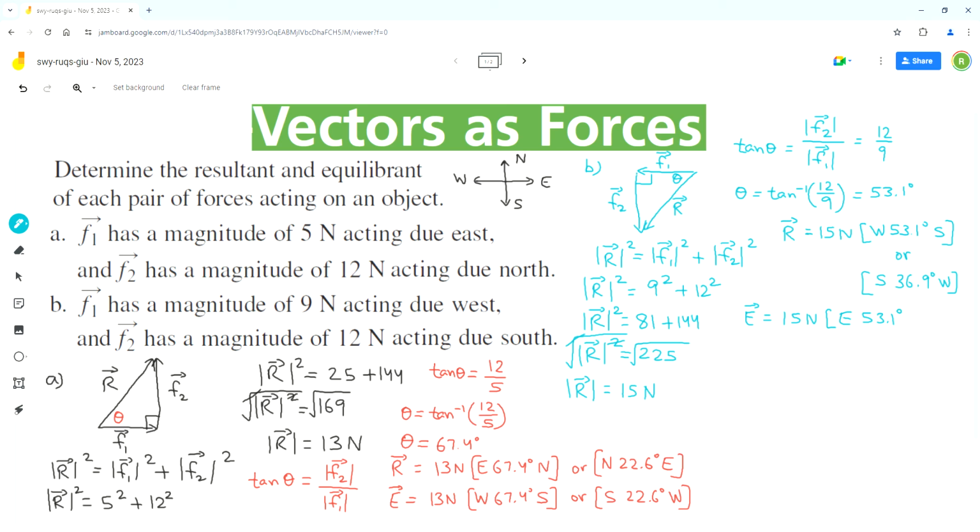And the opposite of south is north. But if you want to use the other angle, then it will be north, east. So this should be the final answer for the equilibrant for part B.